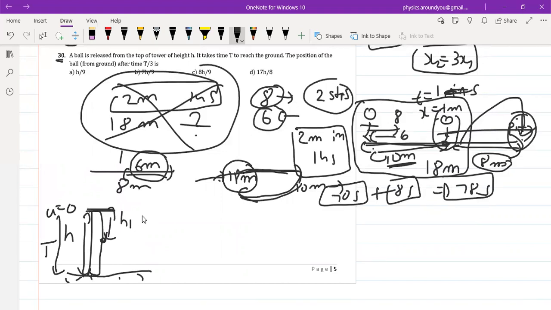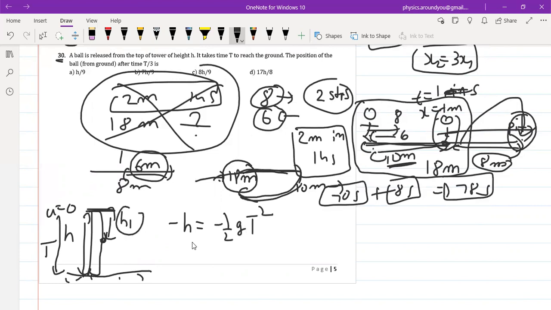We go with our sign conventions method. Wherever the ball was dropped from, that shall be the origin. If that is the origin, sign conventions follow. So minus h is equal to u, which is 0, minus half g t square.